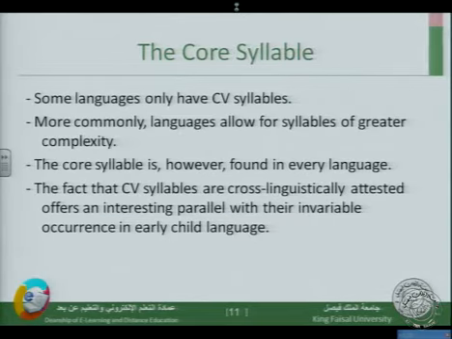Some languages only have CV syllables. Do you know what CV syllables are? CV syllables mean consonants and vowels. More commonly, languages allow for syllables of greater complexity, like our language, the Arabic language. The core syllable is, however, found in every language.